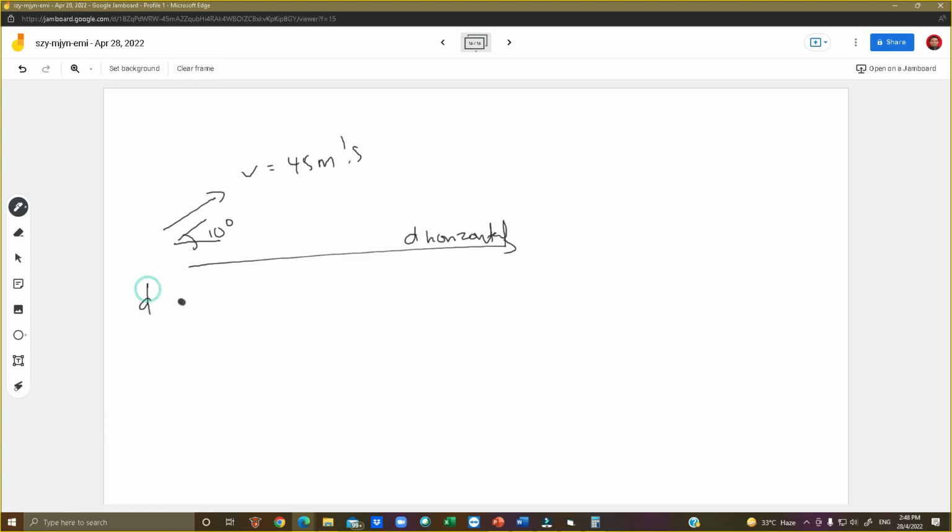If we look at the horizontal, the equation is D equals V1T plus half AT squared. This one we already know, and in the horizontal case the acceleration is zero, so we can substitute A with 0 and slash it out.